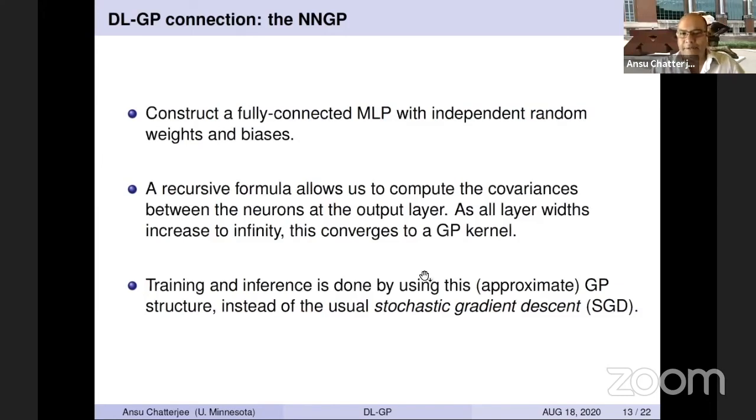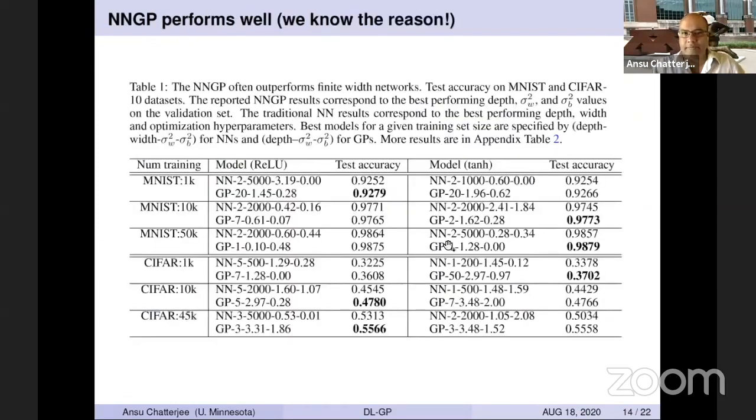And then instead of using your stochastic gradient descent, you take that kernel learning and treat the output layer as a Gaussian process. That actually outperforms standard deep neural networks on some very standard data sets. In all these cases, you'll see that the neural network GP does better, sometimes significantly better than other ones.